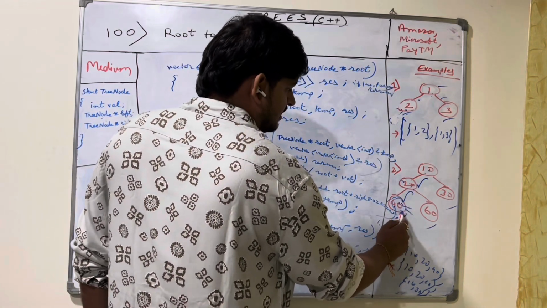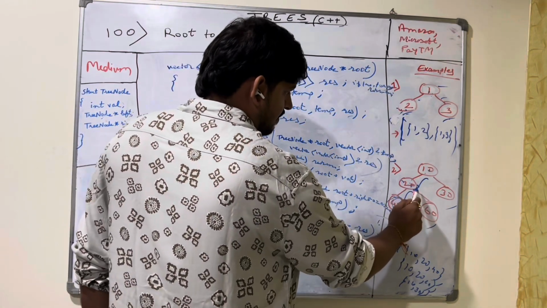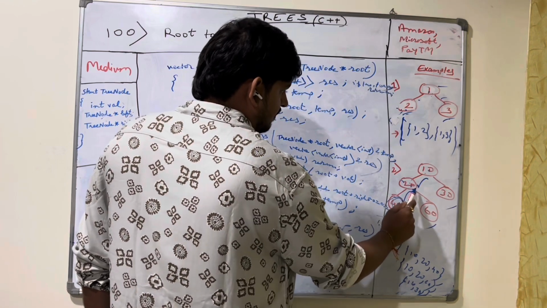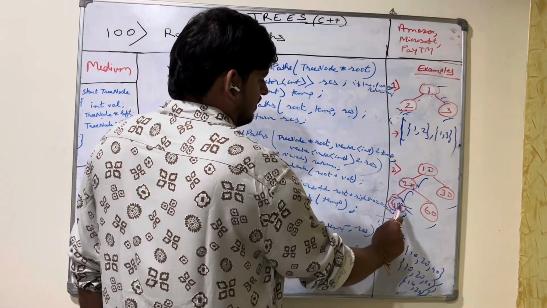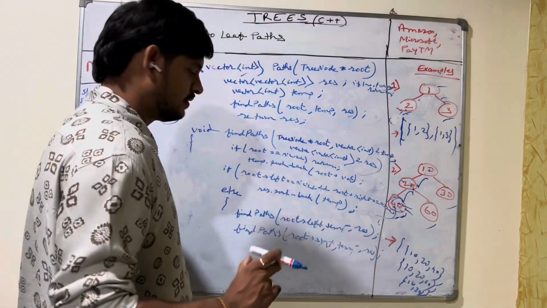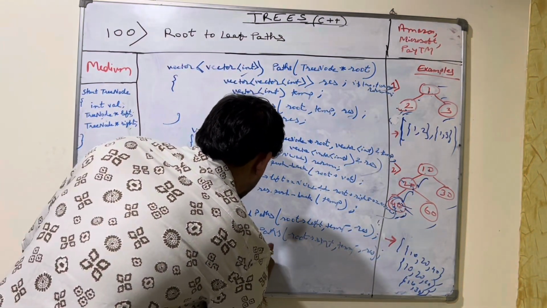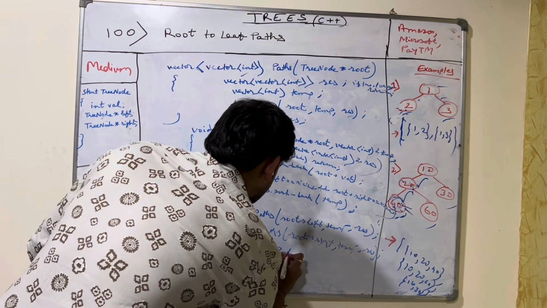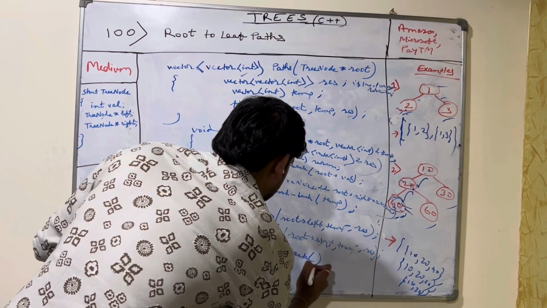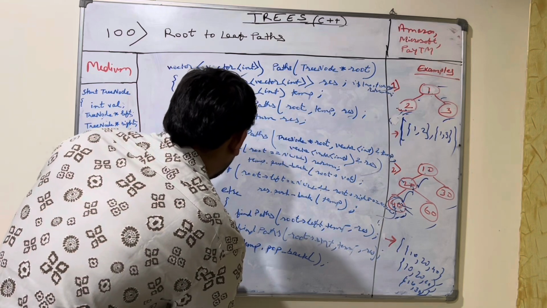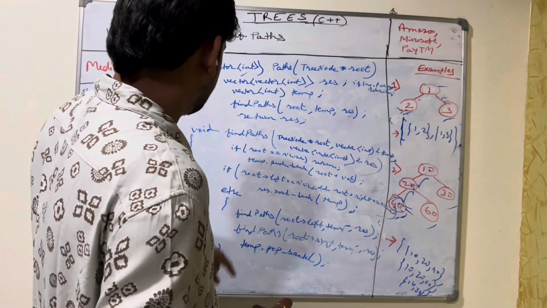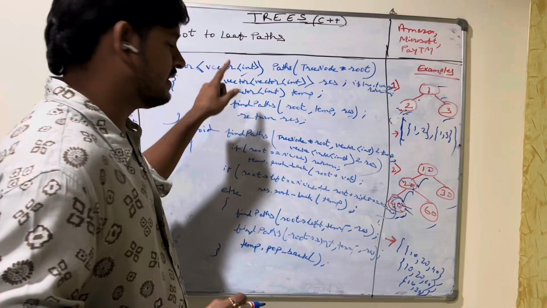We don't need this 40, so that when we go back here, we don't have 40 inside our temporary vector. It can go to the next part. So we will do temp dot pop back, we have to do this backtracking. Yeah, this is the way we'll get our answer for this.